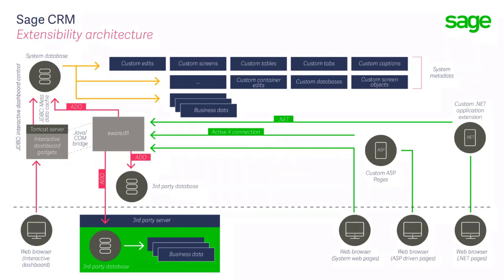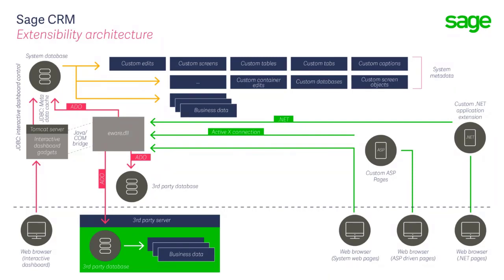You'll see that you'll be creating a screen. That screen will be based on definitions that are held inside the metadata tables. Metadata tables include the containers, that is the overall page, that's the custom screen. Within that, there'll be custom edits and so on.